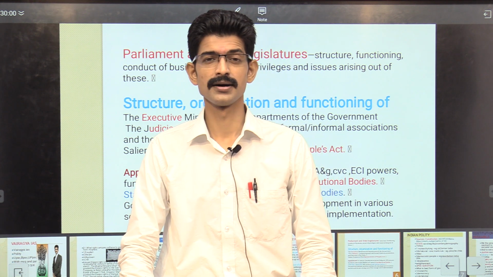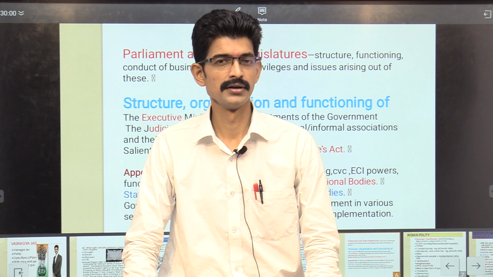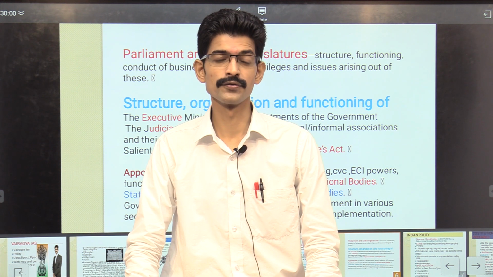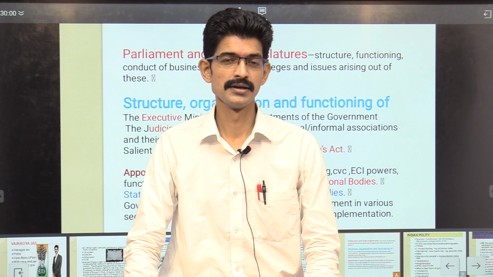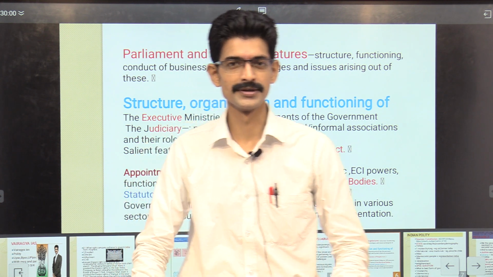How does Rajya Sabha work as the upper house, what are the requirements, what were the reasons that made it necessary to curtail the power of Rajya Sabha in comparison to the Lok Sabha, and what are the different kinds of bills, financial bills and money bills, which is again frequently asked in the UPSC.